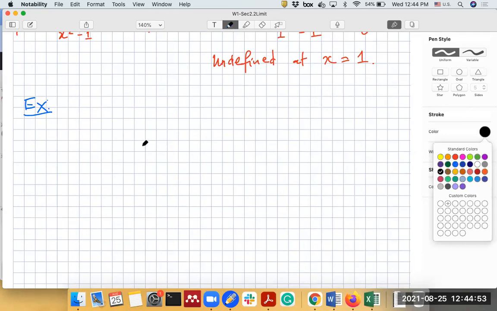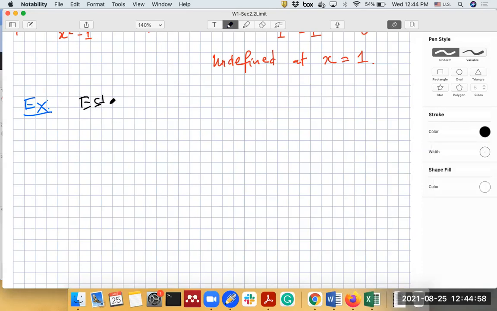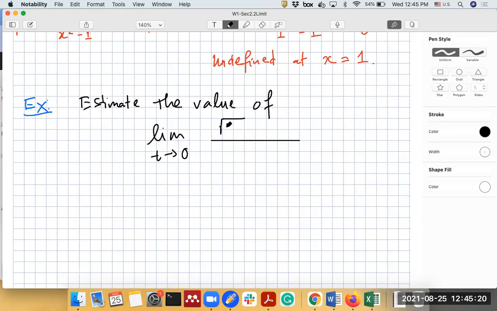We are asked to estimate the value of the limit when t approaches 0 of the function square root of t squared plus 9, subtract 3, divided by t squared.